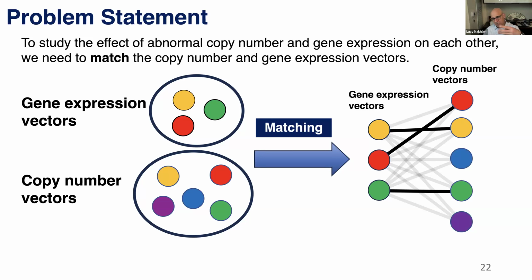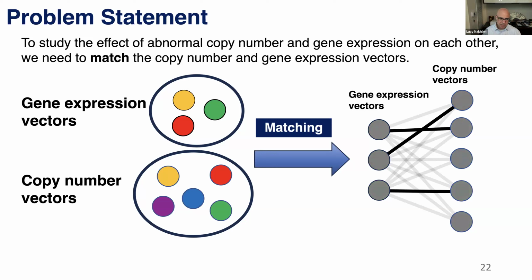So you have 3 on the left, 5 on the right, and we want to match them: red to red, yellow to yellow, green to green. Of course, I'm coloring them here for the sake of illustration. The data we have doesn't have colors. If we had the colors and knew which one matches which, then we wouldn't have a problem to solve. But this is how the data is given: you have the RNA, you have the DNA, and we have no idea which cell maps to which cell.